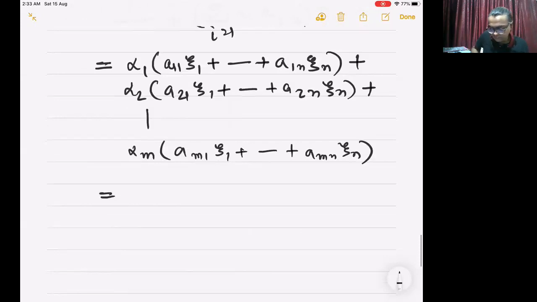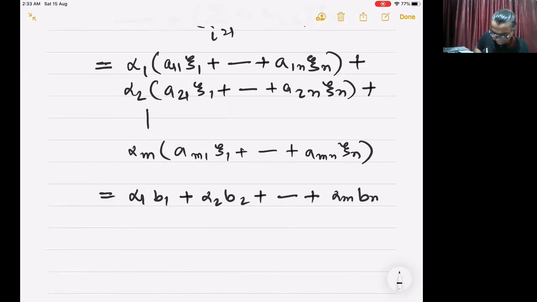But xi is a solution, so this is nothing but alpha 1 into b1 plus alpha 2 into b2 plus dot dot dot up to alpha m into bm. That is precisely equal to the right hand side, so proved.